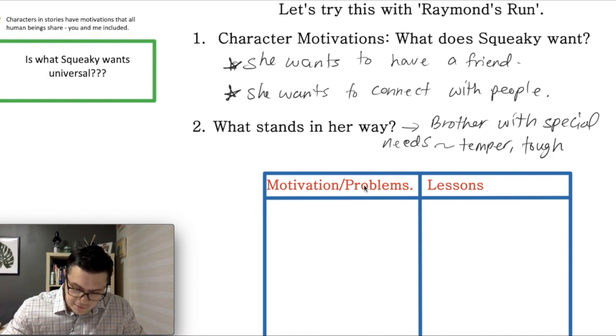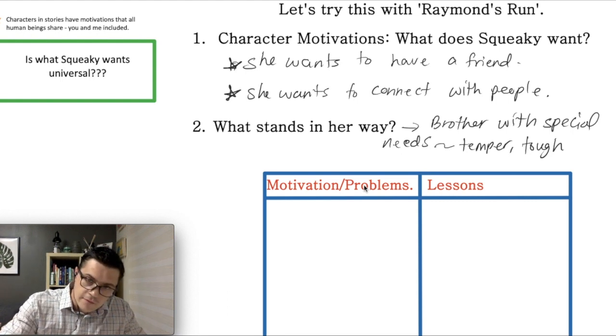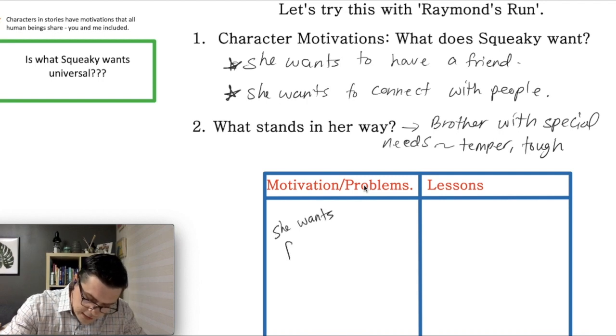And here I've got this table, motivation and problems and then lessons. So I'm going to use this to get some more of my ideas down, and later we're going to try to connect them. Okay, so for motivations and problems, I'm just going to put what I have up top right here. She wants friends, right? She's lonely.